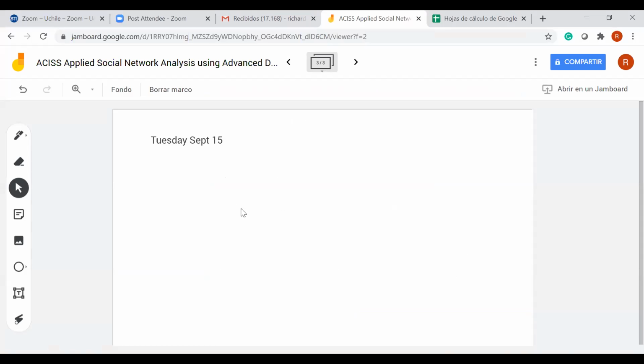Okay, you can see now my whiteboard, which says Tuesday, September 15. Yes, we can see. Okay.